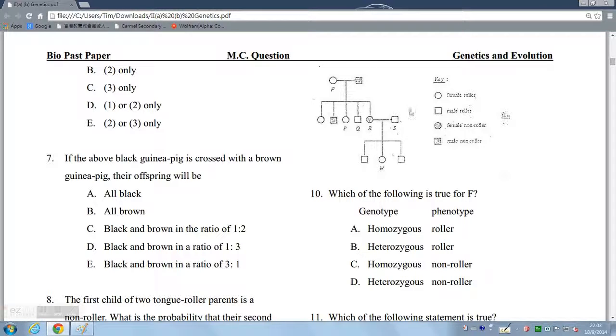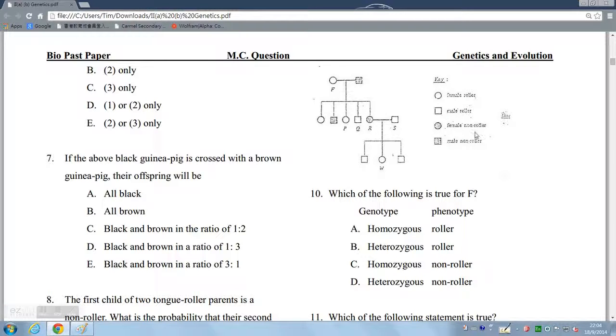And since he's a roller, this tells us that he must have possessed some dominant alleles, and given that he cannot pass any recessive alleles to his offspring, this means that he doesn't have any recessive alleles, making both of his alleles dominant, and so S is homozygous.